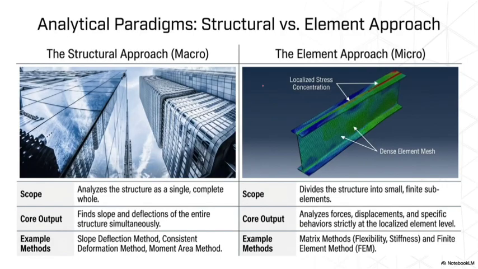So coming back, the structural versus elemental approach. In the slope deflection method or the consistent deformation method that we studied in SA1, we analyzed the structure as a single unit and found the displacements and slope at a point. But in the matrix method, we will split the structure into small units.